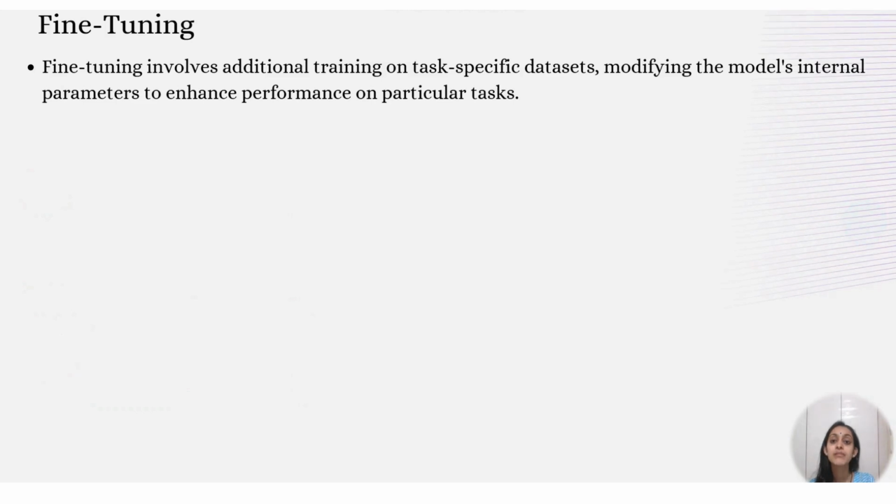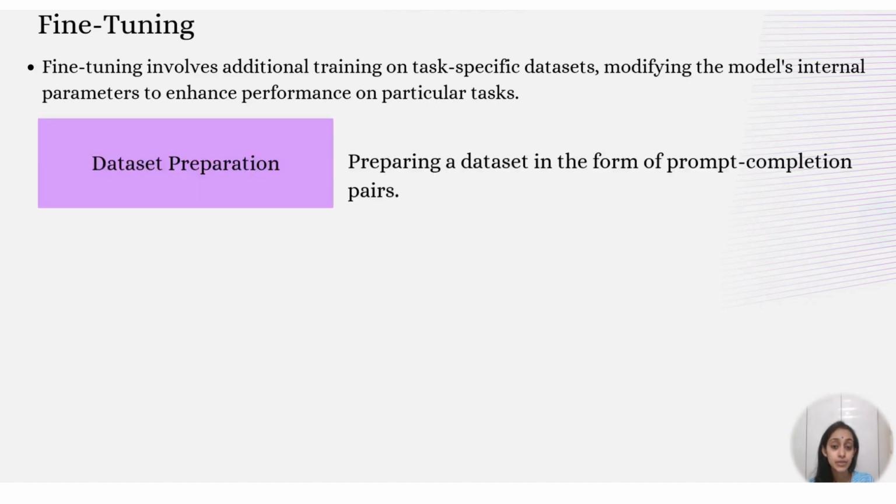Next we have the fine tuning approach. Now you would be thinking that we have already passed the set of instructions to the language model and given the external knowledge, so why fine tuning? When we have custom, task-specific data sets and want to change the model's internal parameters, at that time we fine tune the language model for our particular tasks, which involves dataset preparation.